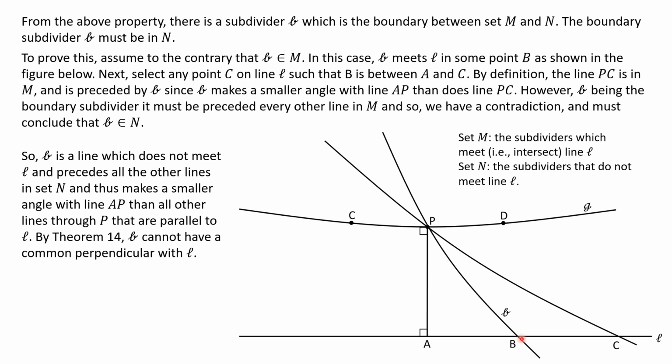So again, this B was drawn in terms of a contradiction. In fact, it's parallel to L, so it's drawn incorrectly only because I was trying to prove this via contradiction. So B is a separator between the lines that are parallel and those that are not parallel to L that go through point P.